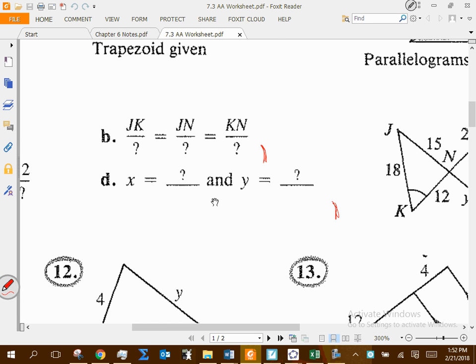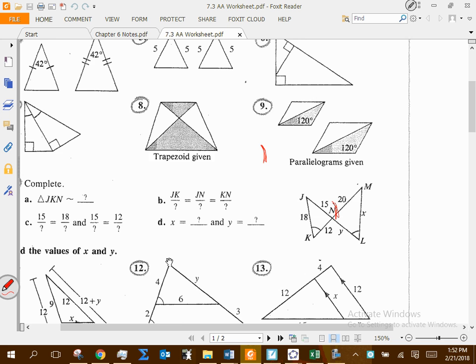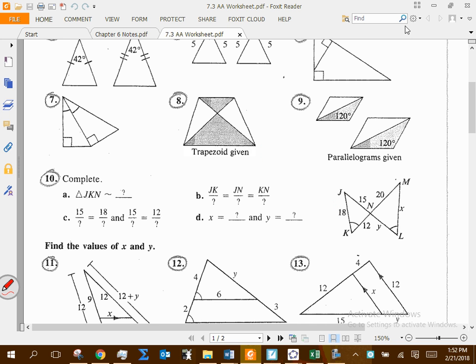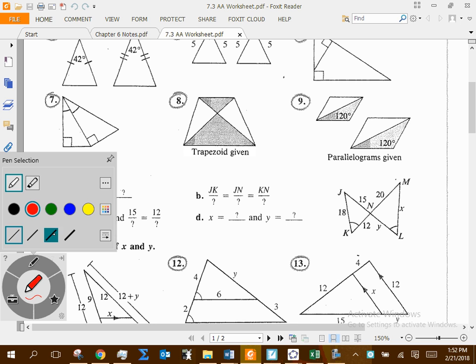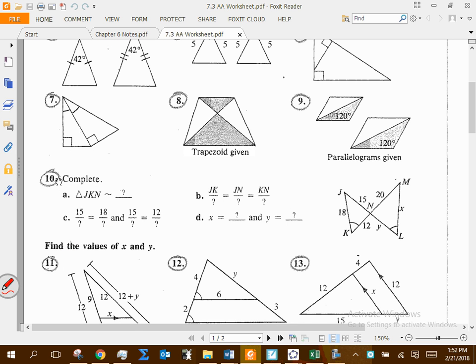Question 10, they ask you to walk yourself through the process that we go through every single time we want to deal with triangle similarity questions or polygon similarity questions in general. So they were asking you to say, on this question mark, we wanted to put triangle MLN. Here we wanted to write ML.